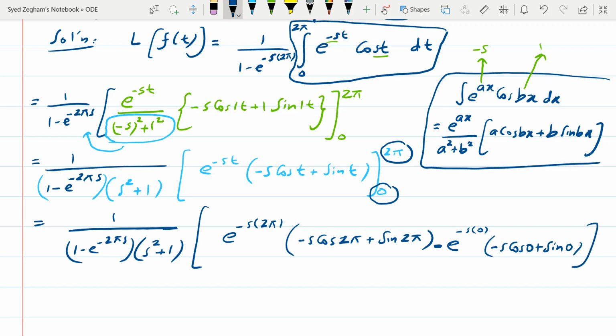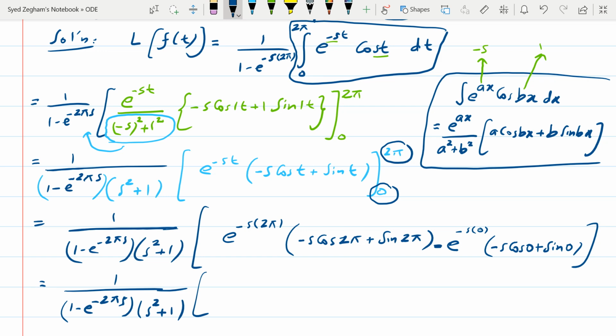Okay, that's all. This will give us 1 over 1 minus e to the power minus 2 pi s multiplied by s square plus 1.